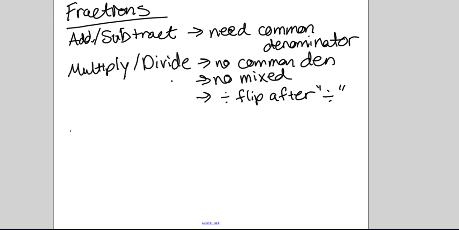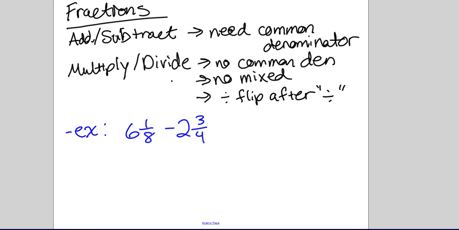So let's do, I'm going to do a subtraction problem, and I'm going to make them mixed fractions. So 6 1/8 minus 2 3/4. So here, these are considered mixed fractions. I'll talk about the other form in a second. So first of all, we need a common denominator.